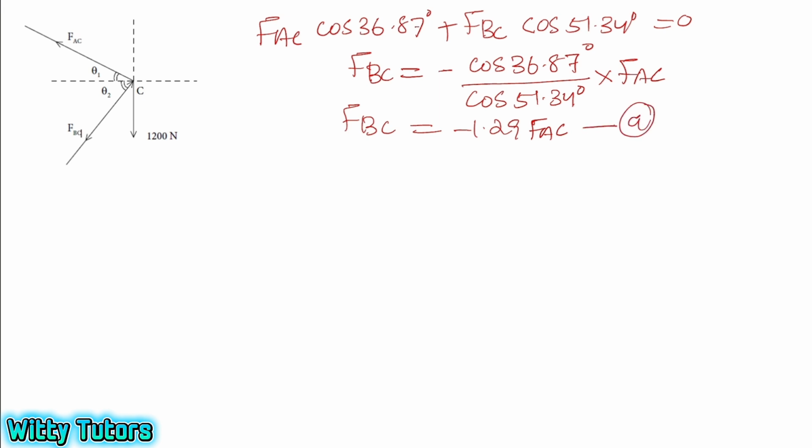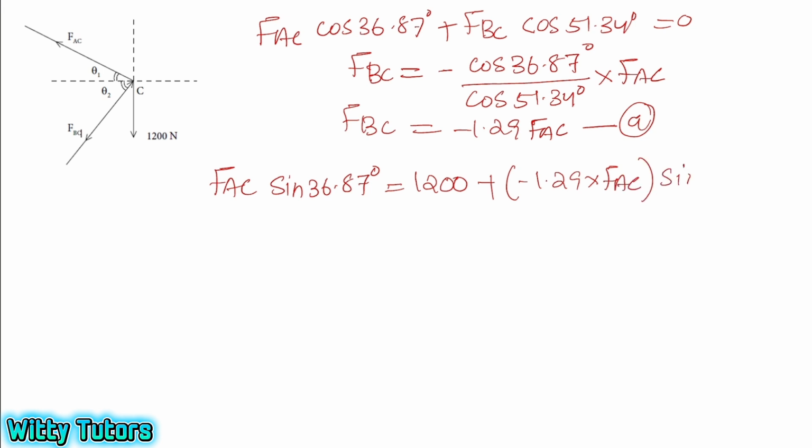Now I am going to substitute this value into the second equation. So I will get FAC sine 36.87 degree is equal to 1200 plus, in place of FBC, I can substitute minus 1.29 FAC into sine 51.34 degree.